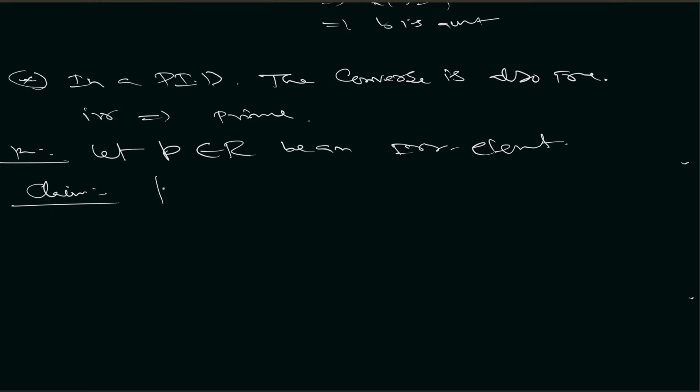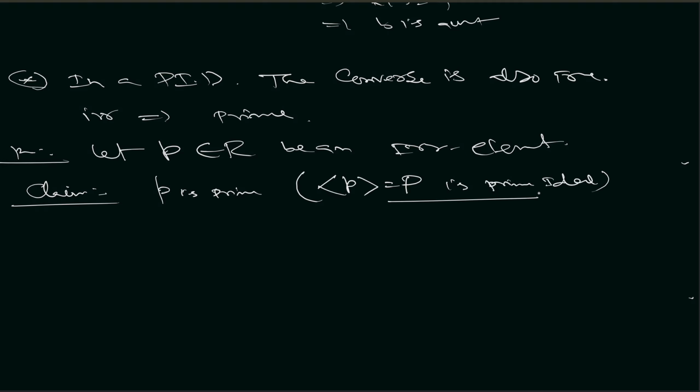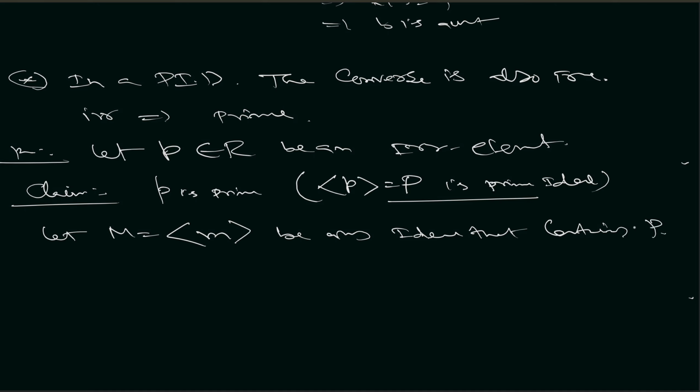In other words, it is enough to show that the ideal generated by p is a prime ideal. If I can show this, then I am done. So let the ideal generated by m be any ideal that contains the ideal generated by p.